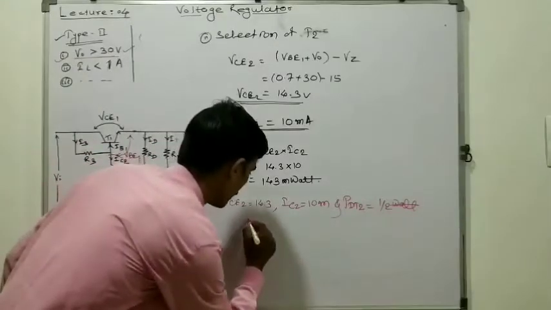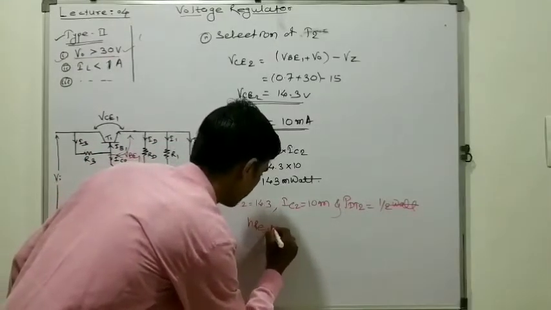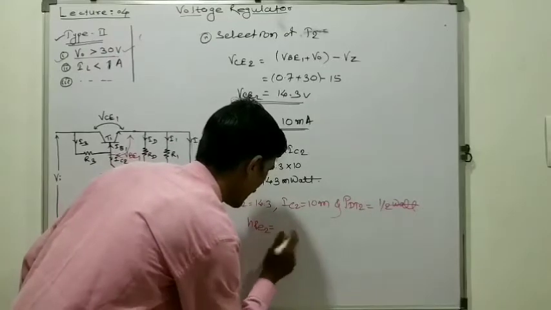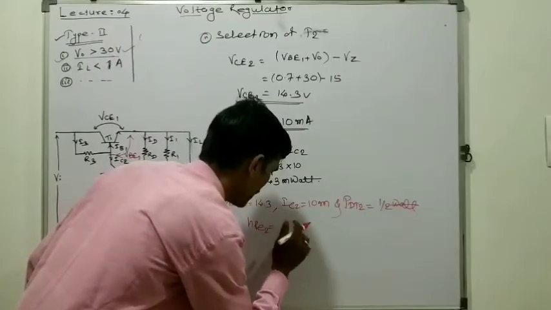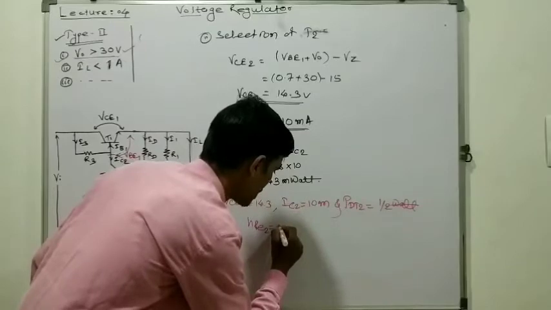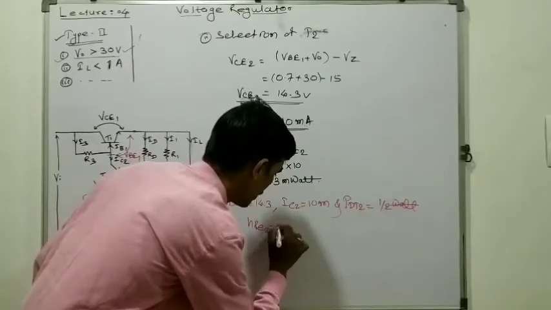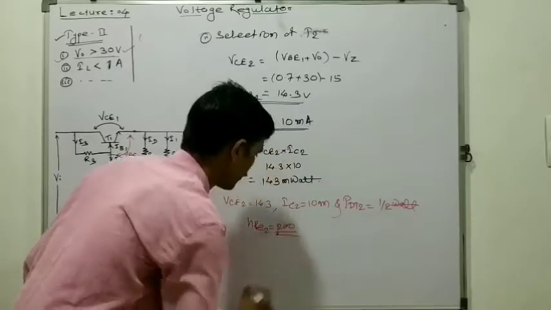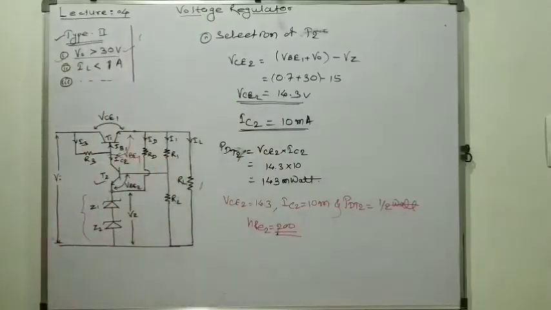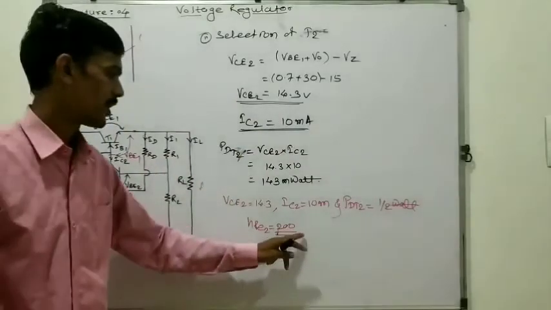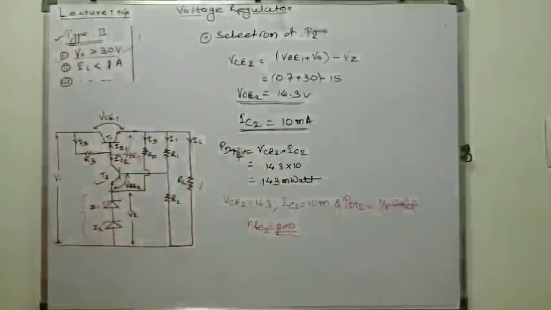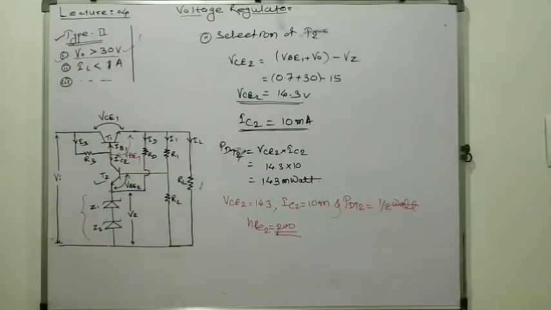So HFE2, we can assume 100, 200, 150, but its value must be greater than 50. So we assume here HFE equals 200. Either you can select HFE2 equal to 100 or greater than 50. So this is the selection of transistor T2.